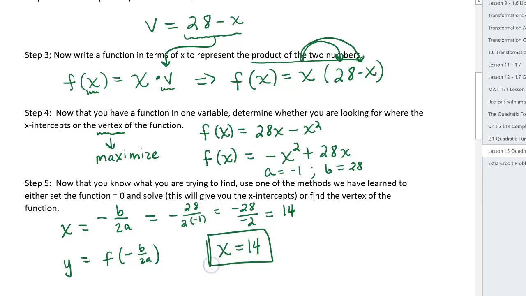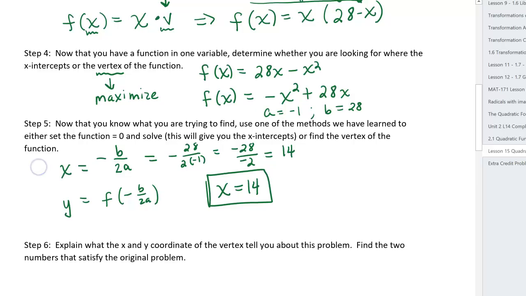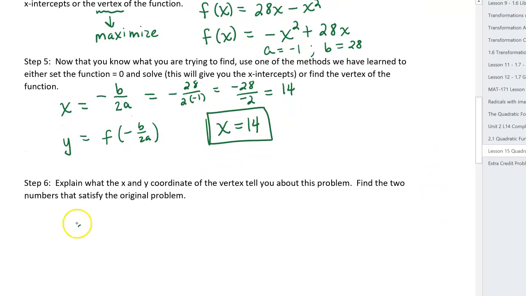So since I was looking for the two numbers, x equals 14 is one of those numbers because that's what I assigned to x at the beginning. And then if x is 14, remember that v is equal to 28 minus 14, which in this case is also 14. That won't always be the case, but for this problem it is.